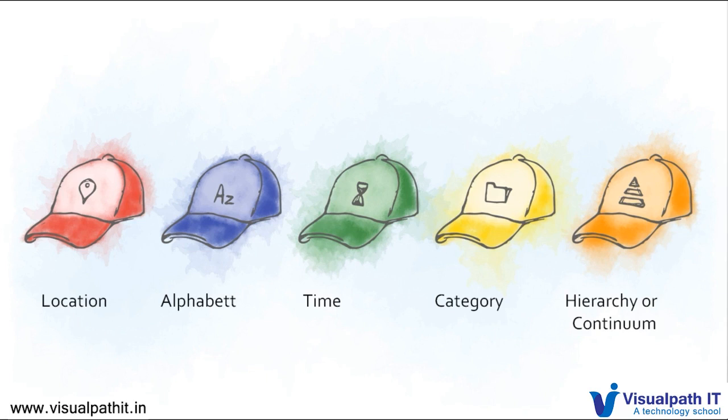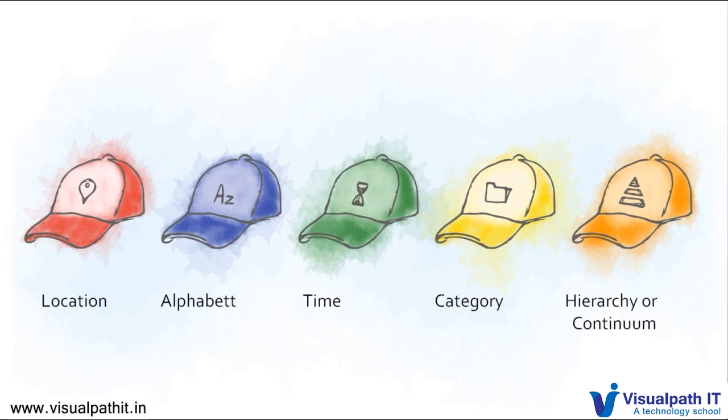The concept of the five hat racks was originally developed by Richard Saul Wurman in his book Information Anxiety. Later he wrote the book Information Architecture, where he redefined the five hat racks concept into the LATCH principle.